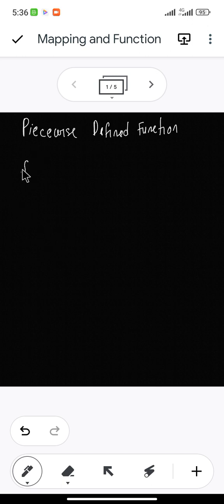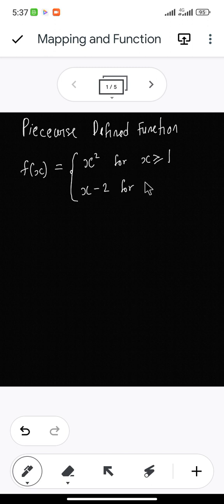You can have a function f of x equal to, you have two equations, let's say x squared and x minus 2. This is a particular function that has two equations. Now, each of these equations will have a condition: x squared for x being greater than or equal to 1, or x minus 2 for x being less than 1.